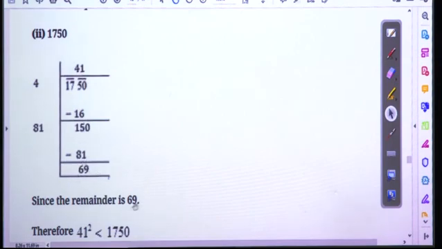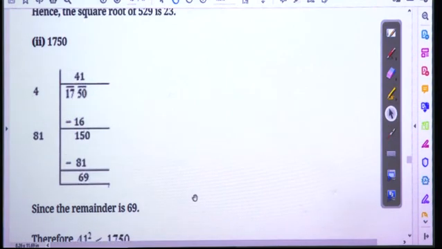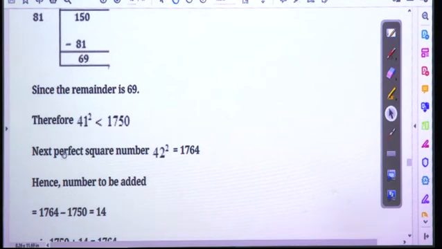What is the remainder? It is 69, means 41 square is less than 1750. Next perfect square number is what? 42 square is equal to 1764. So, what number should be added to 1750? First we have to minus what? 1750 from the next perfect square number, that is from 1764 we are minusing 1750, we are getting 14.